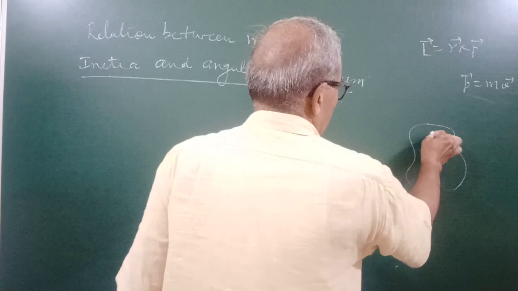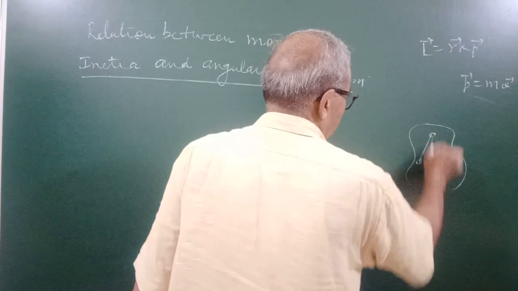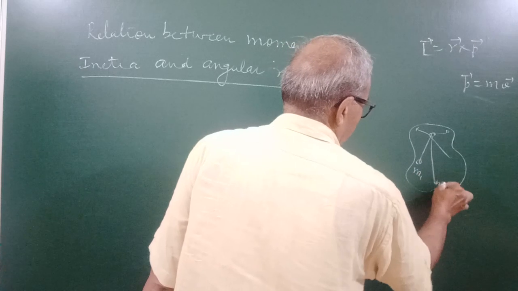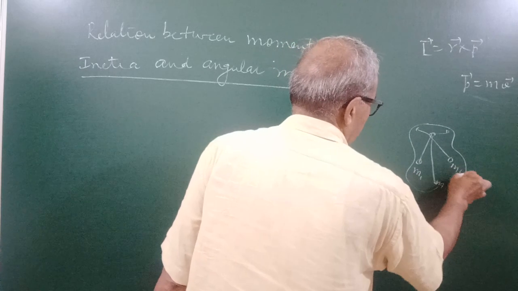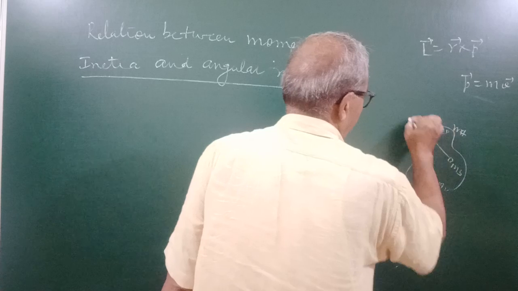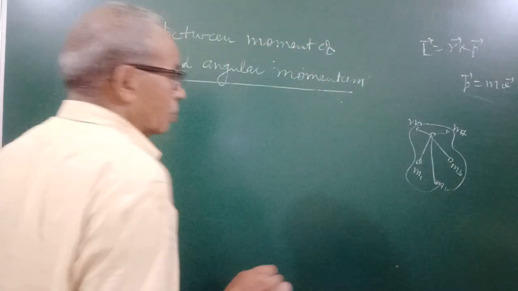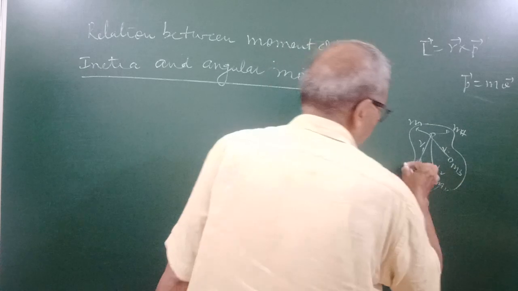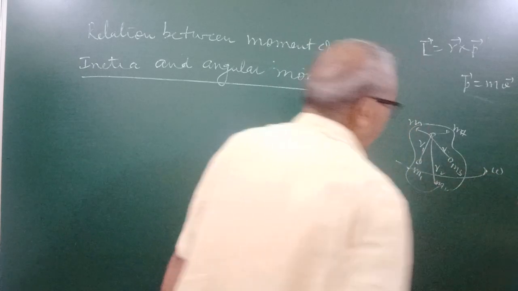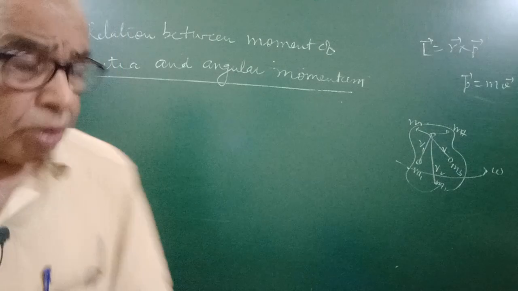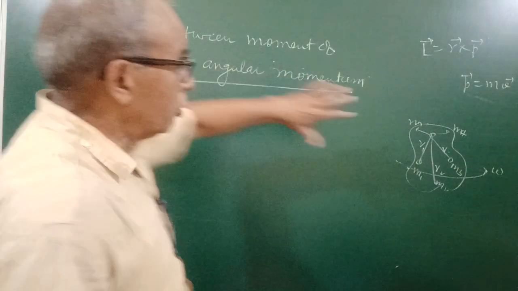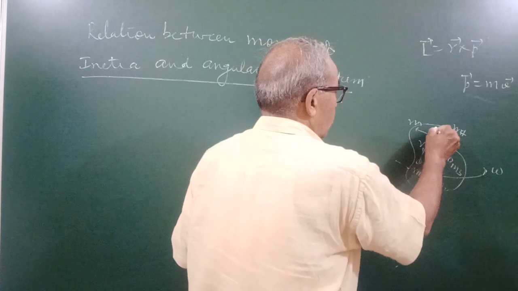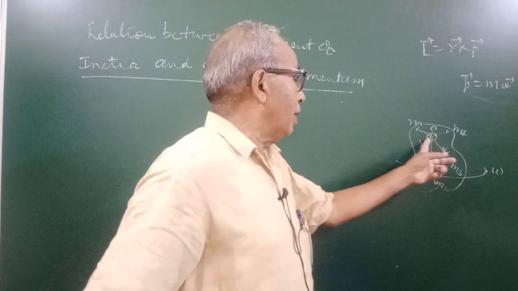The same way, we assume here that this body is made up of m1, m2, m3, m4, m5 and so on particles, at distances r1, r2, r3 and so on, moving with constant angular velocity omega. So I will note, you have got it, this rigid body is rotating about an axis passing through this point O, which is normal to the plane.